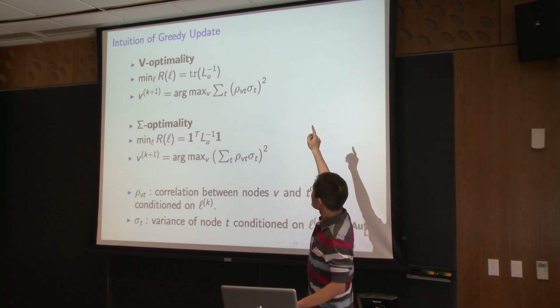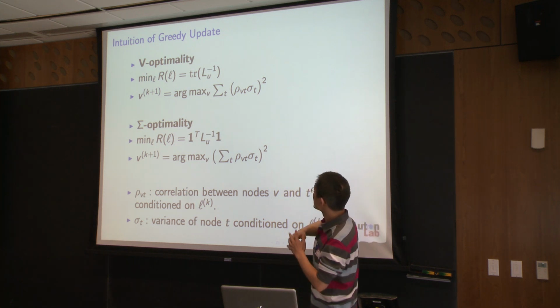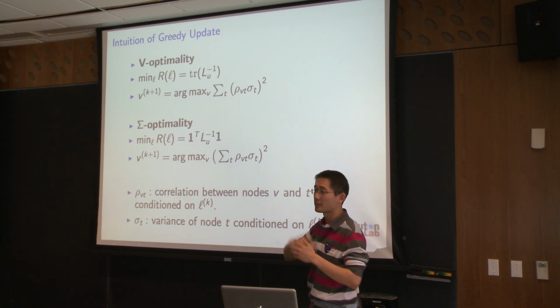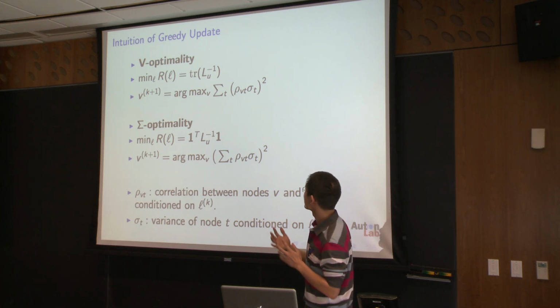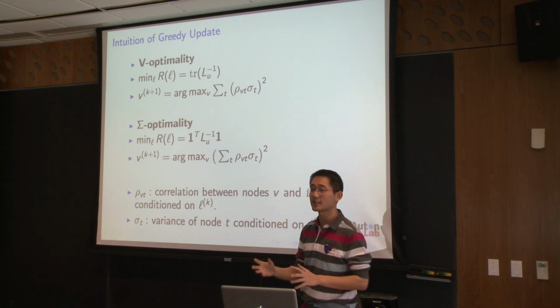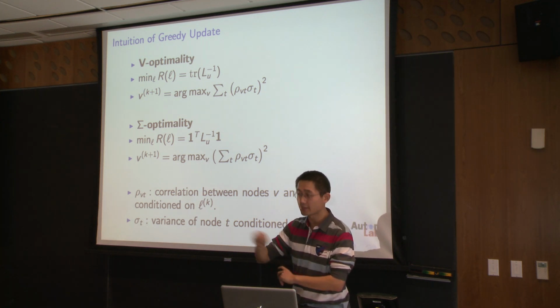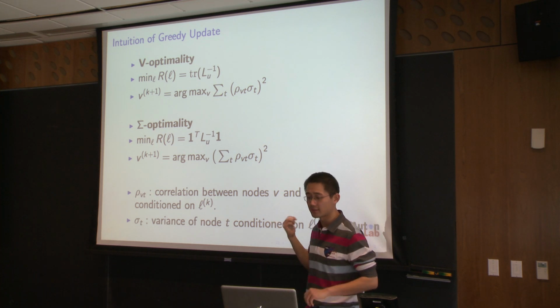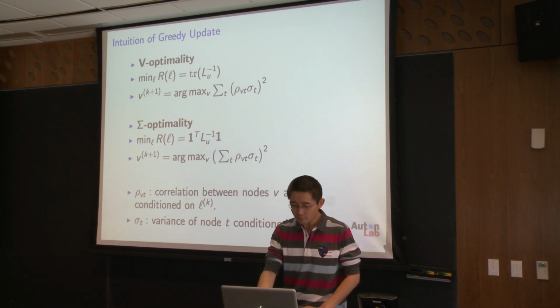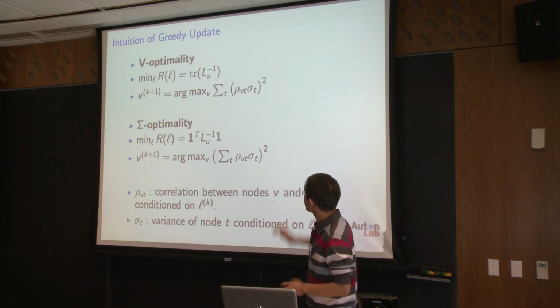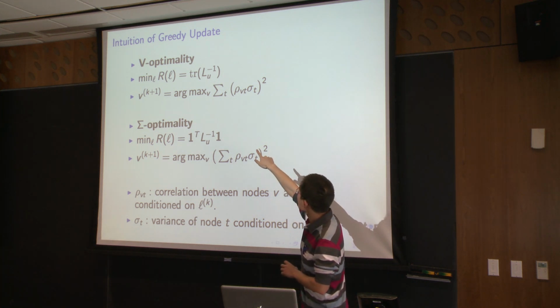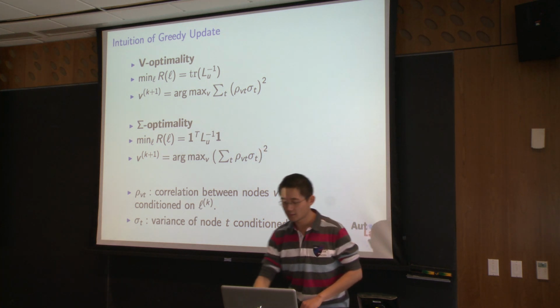So the sum of squares of this is basically the correlation squared times the variance. So V optimality is choosing the node that does this. And sigma optimality is similar, but you just put the sum to the inside.